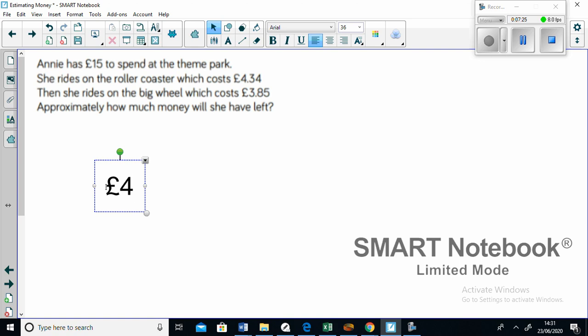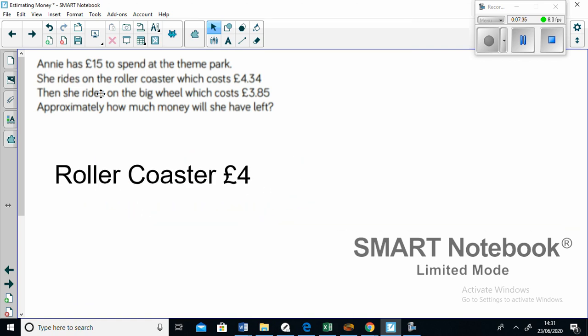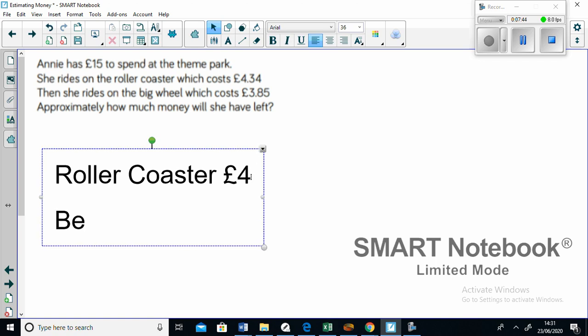So I'm going to say the roller coaster costs approximately £4. She then rides the big wheel, which costs £3.85. Again, a very specific amount for a big wheel.